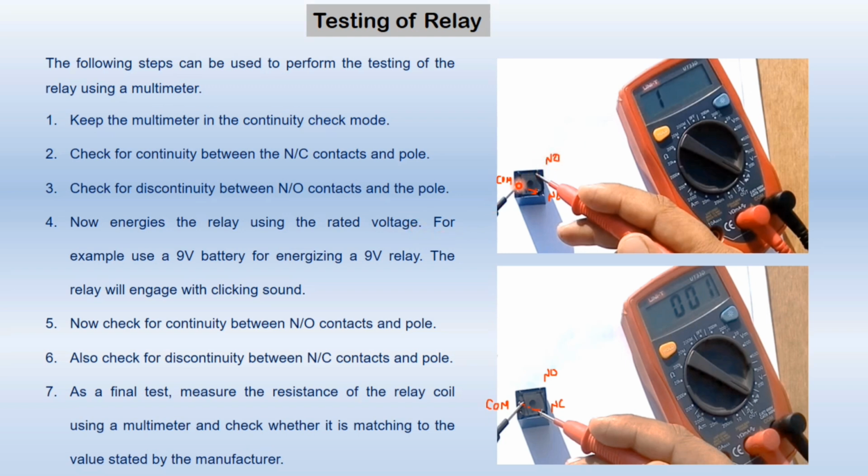When the relay is on, there is a connection between these two terminals, common and normally open contact. As they are connected, this time the meter will beep. And for the other combination, common terminal and normally closed terminal, it will not beep. If it is a good one, it will not beep. If it is a bad, faulty one, it will beep. So we need to replace that relay with a new one.